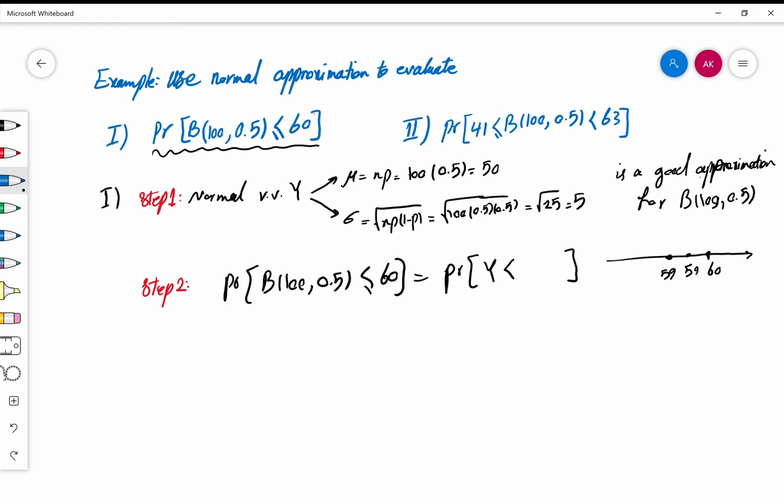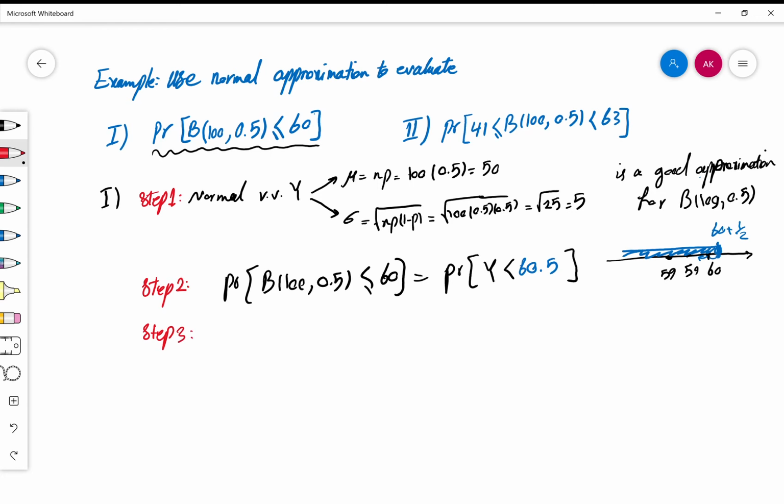To go into continuous, we take each point halfway up and halfway down, and halfway up here is 1 over 2, or 0.5. So the largest value we are allowed to give to Y is 60 plus 0.5, which is 60.5, and then it will be an interval all the way down. Okay, that's step two, which means we approximated the probability using the continuous random variable.